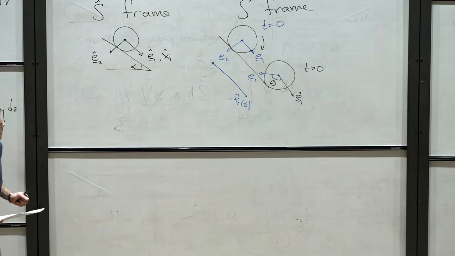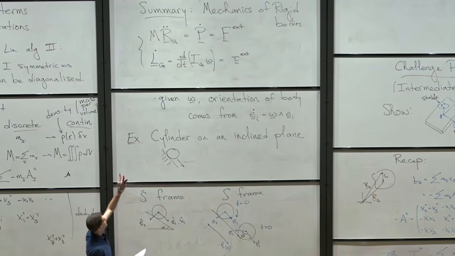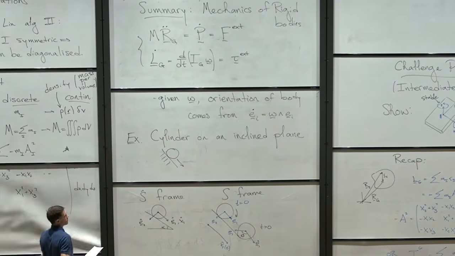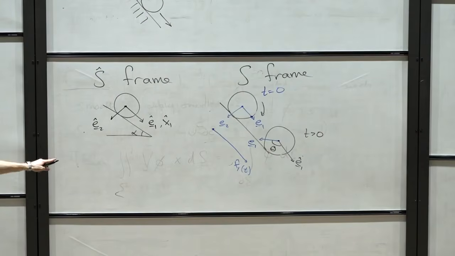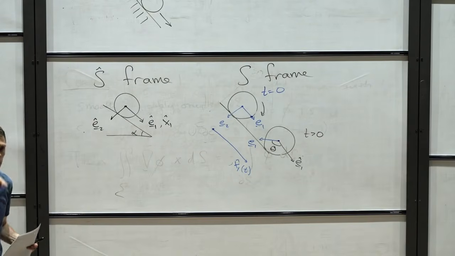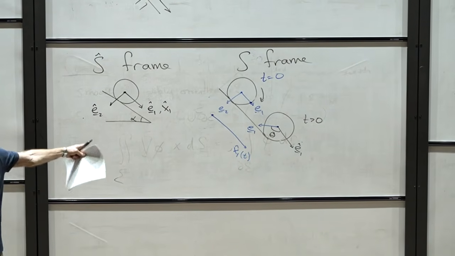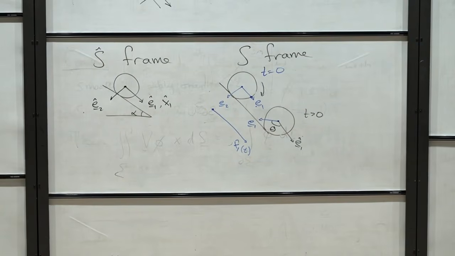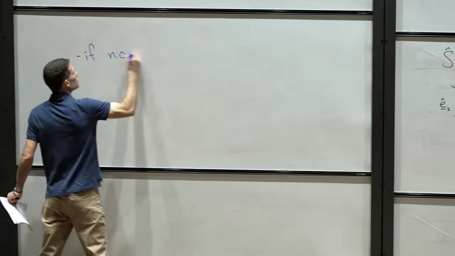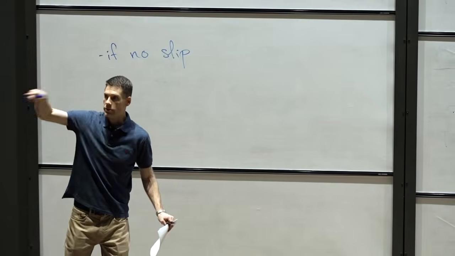Okay? So maybe keep this where we can see it. On the one hand, I can relate x1 hat to theta, because however far the thing rolls, the circumference must be tracing out x1 hat. That's specifically what we call no slip. No slip means that I can't slide down the hill. If I'm going down the hill, I have to do it rotating.